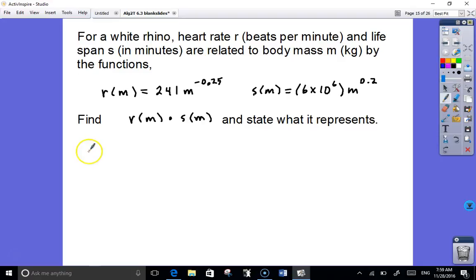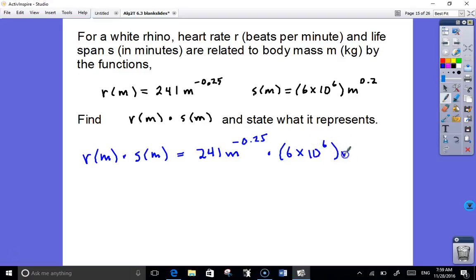So R of M times S of M equals 241 M to the negative 0.25 times 6 times 10 to the 6th, scientific notation, M to the 0.2. Right? Now we can multiply those. Let's see. 6 times 241.